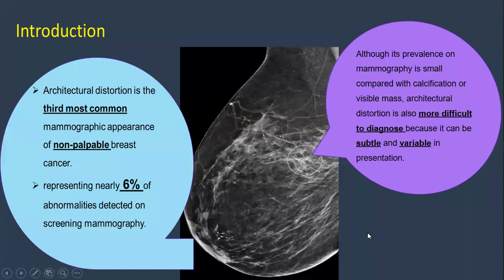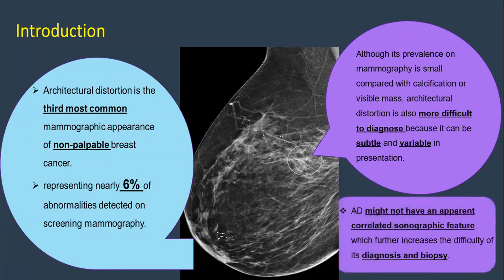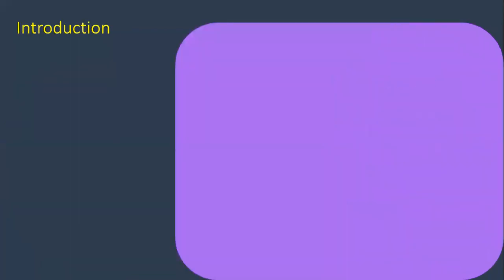If you look, all the parenchyma is complex. This area represents subtle architectural distortion. And architectural distortions might not have an apparent correlated ultrasound feature, which makes it more challenging, both in diagnosis as well as for biopsy.